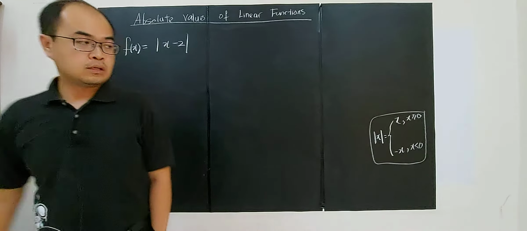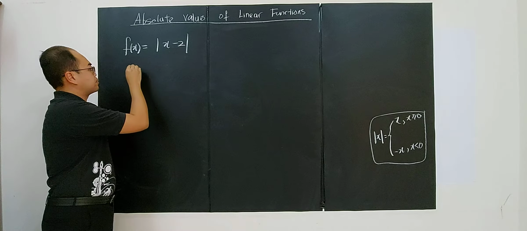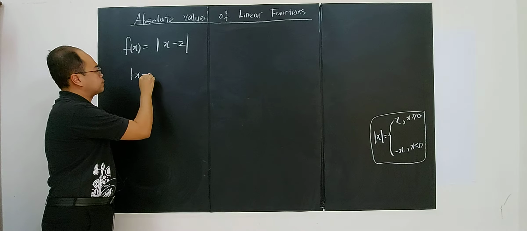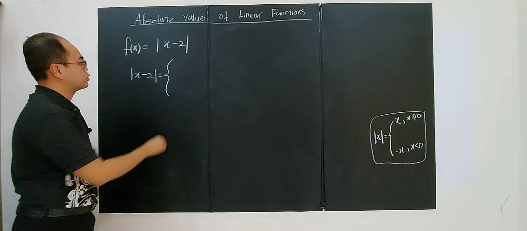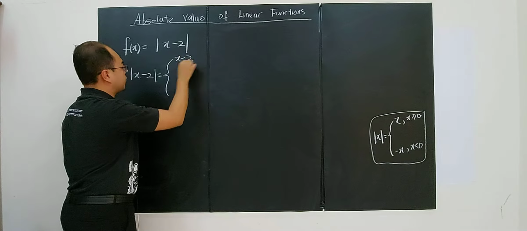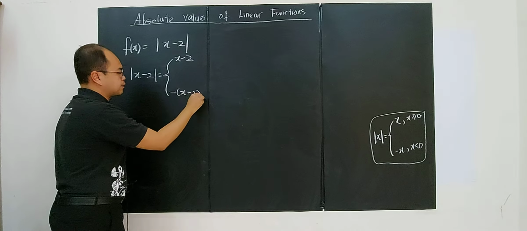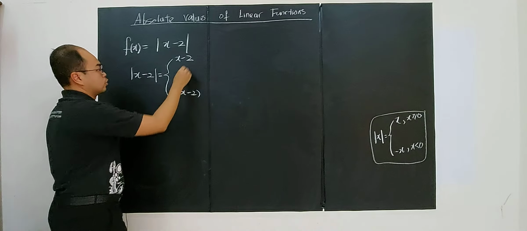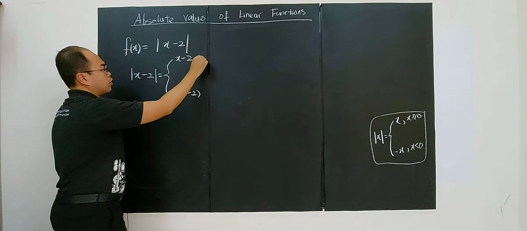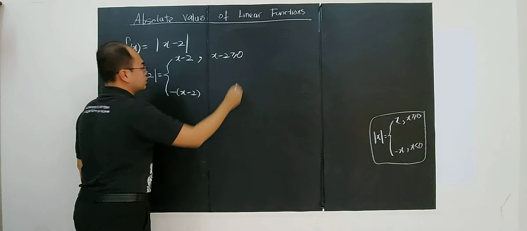As you see, this one, modulus of x minus 2, you can rewrite as a piecewise function where x minus 2 is divided into two regions. One is the positive of x minus 2 and the other one is negative of x minus 2. This first one will be in the region where x minus 2 is more or equal 0.